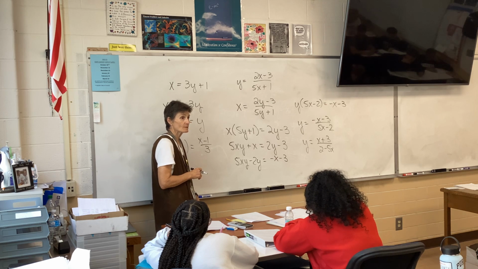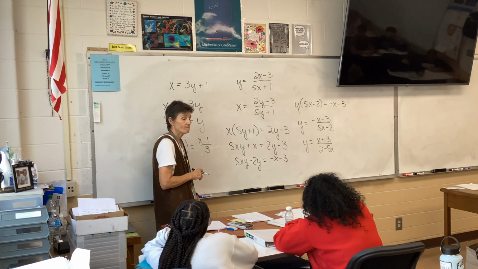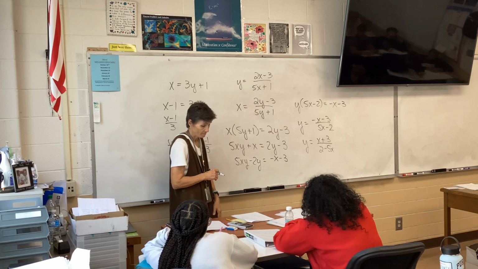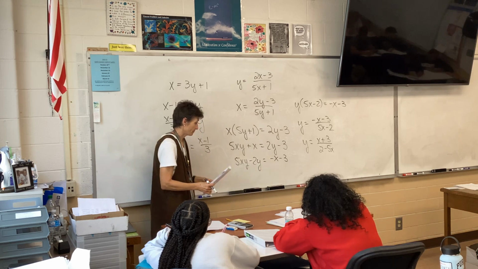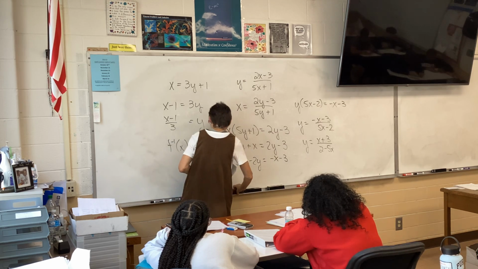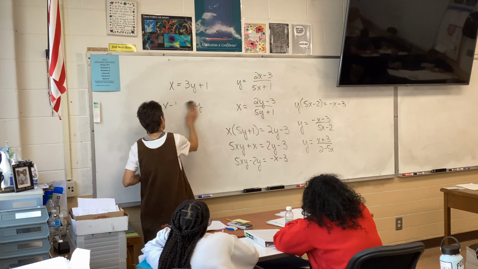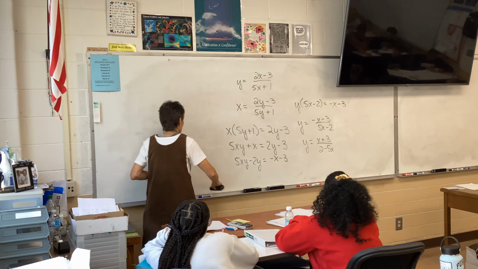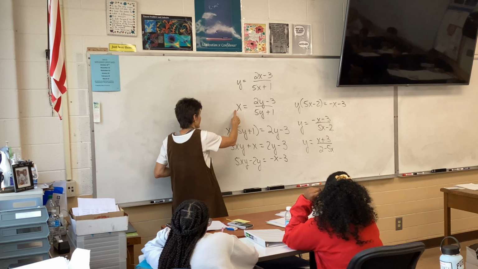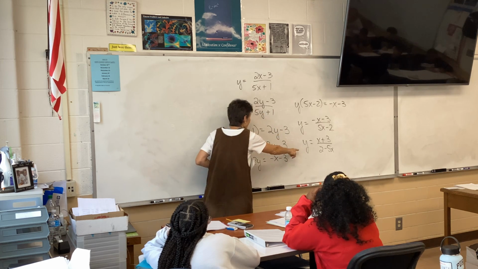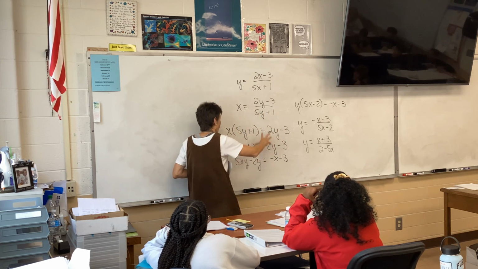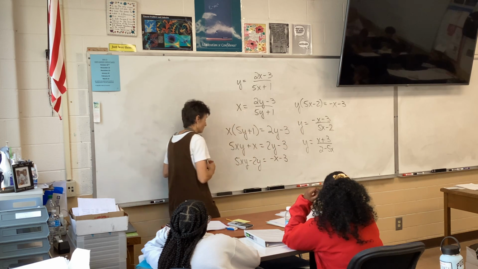And that's your inverse. Any question about that? A little bit bigger problem. The steps are the same. We switched the variables and then got y by itself. It just took us a little while to get there.